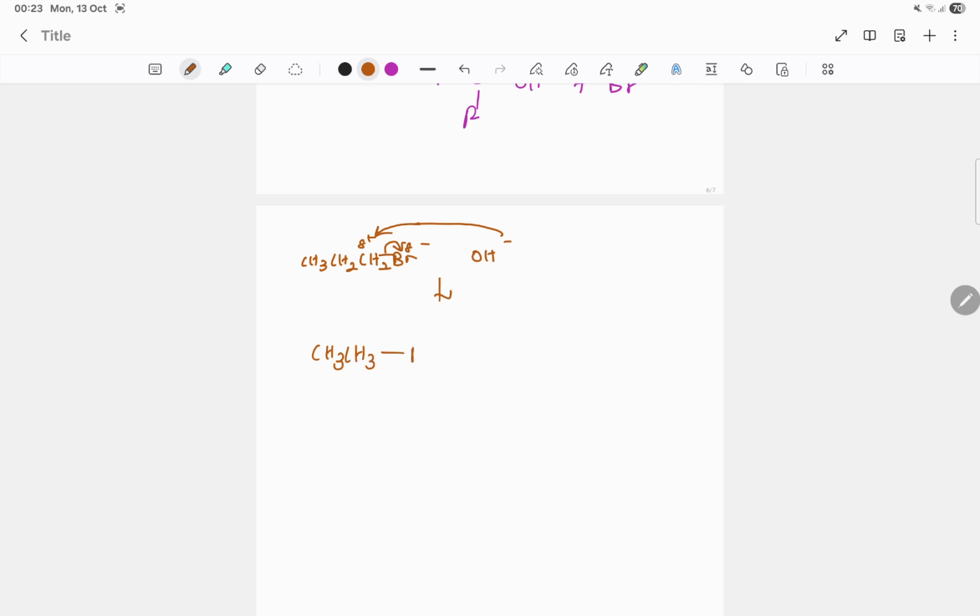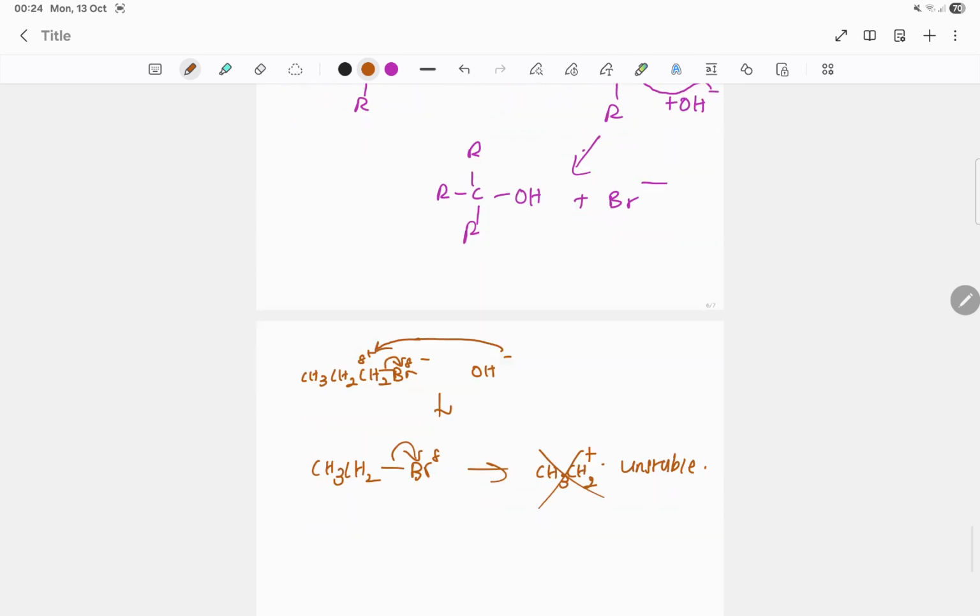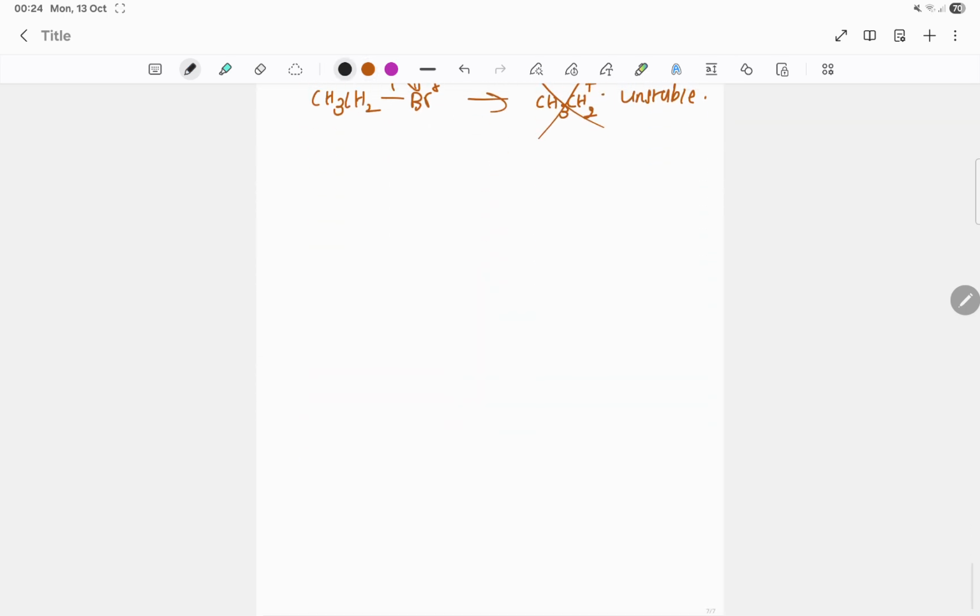This will occur simultaneously, not like the bond is forming first and forming CH3CH2 plus. That is wrong, okay? Why? Because primary carbocations are unstable, therefore it is not formed. Therefore, the answer for C1 will be (CH3)3CBr plus OH minus.